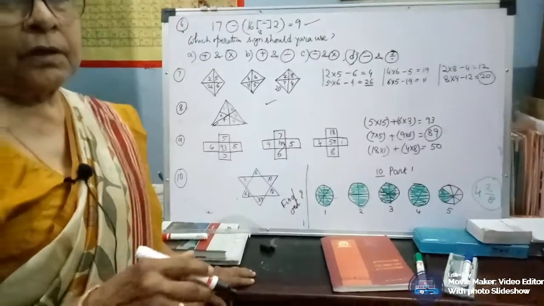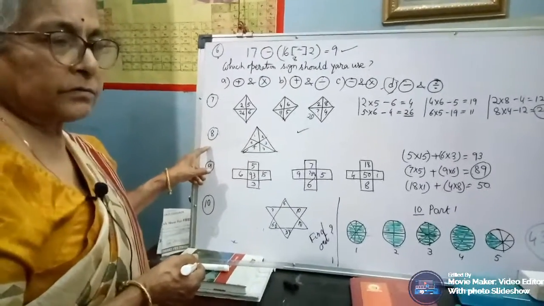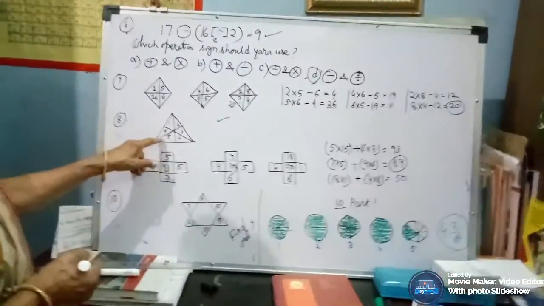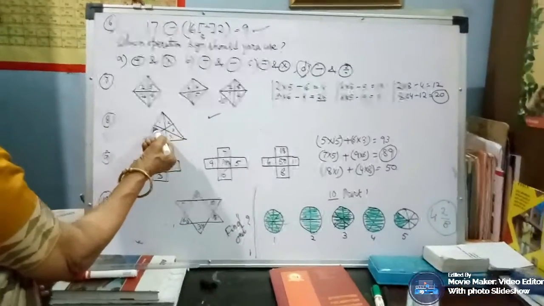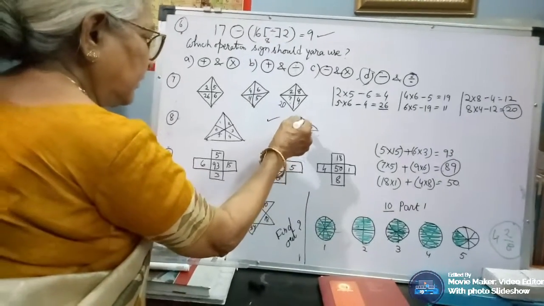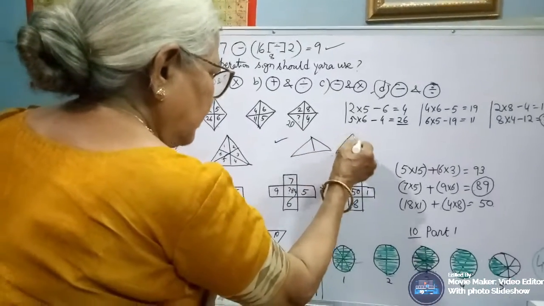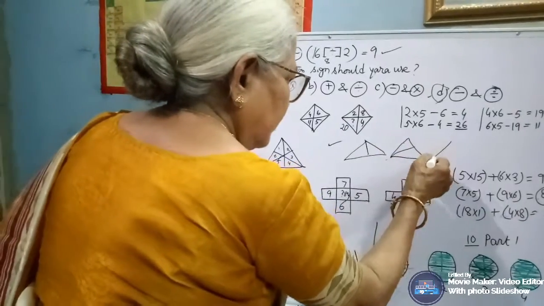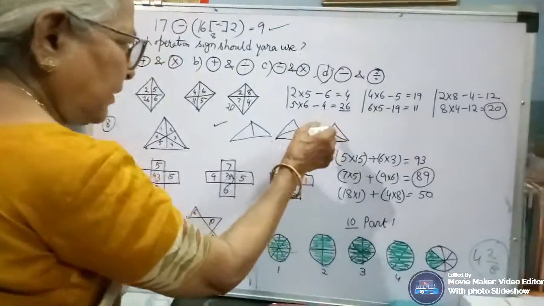Sorry, there is one mistake. In question number 8, there are not 13 triangles, that is 16 triangles. How? Let me explain again. This is 1, 2, 3, 4, 5, 6. Then comes the 7, 8. Okay. Then 9, 10. Okay. 11, 12.